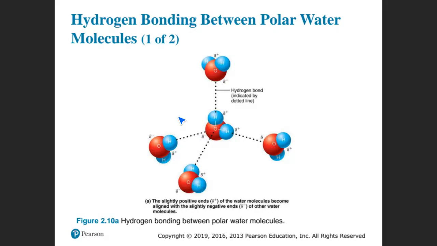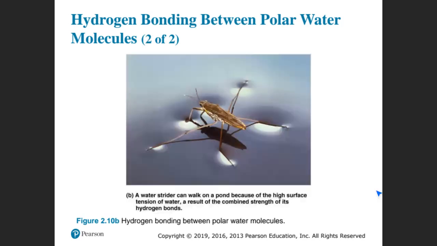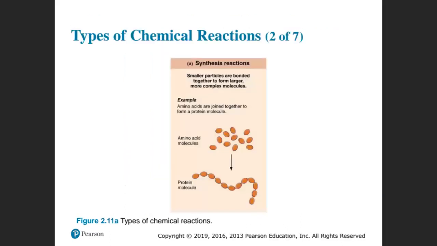And this represents the fact that these are really easy to break and easy to form. And it helps water to have unique properties. And so your book talks about surface tension. So water is polar. Water also has hydrogen bonds. And these give it more unique properties that we'll talk about very soon.